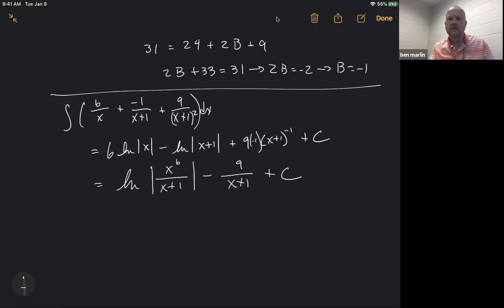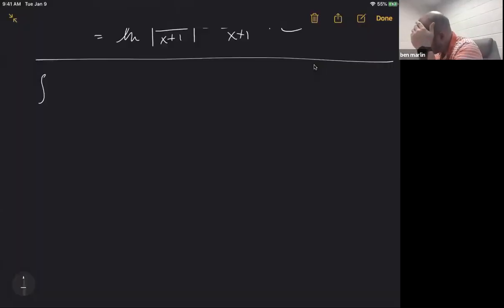So then we have to look at a quick example of something that has irreducible quadratics in it. It tends to be a little bit of a pain to do, okay? But we'll work through an example that's not too terrible. So the integral here has up on top 2x cubed minus 4x plus 8.